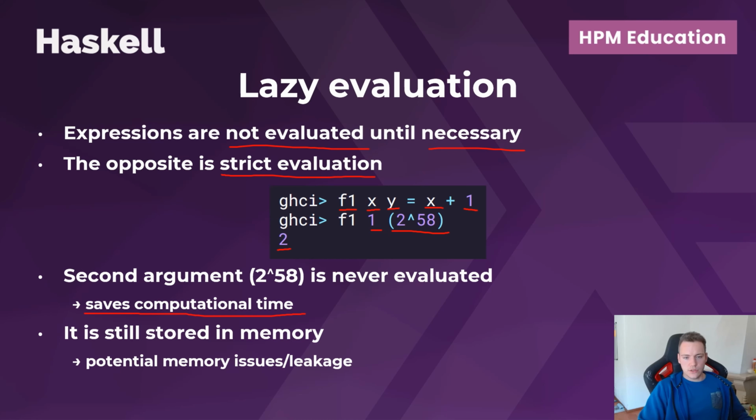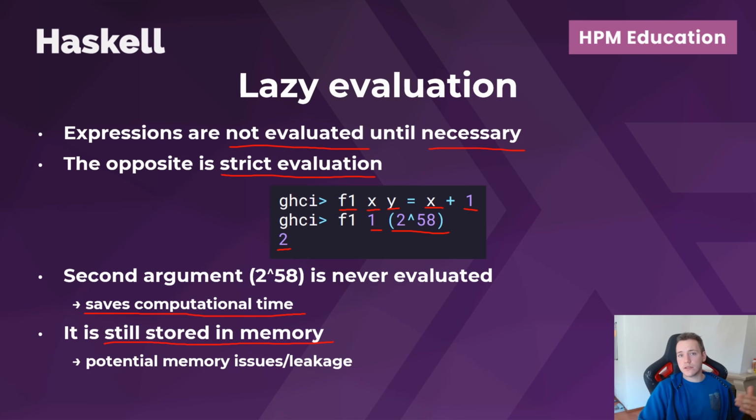However, this sort of strategy of lazy evaluation can still cause some problems because the expression that is not used is still stored in memory. It's stored in memory because maybe it will be used later on and it will be evaluated then.